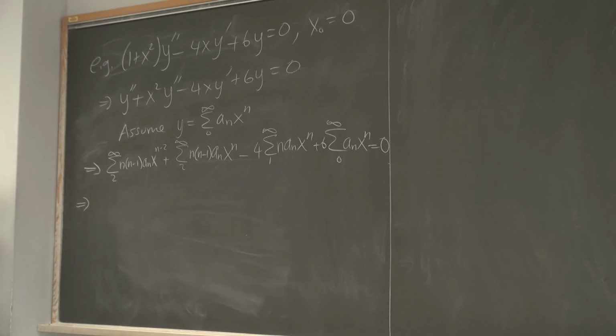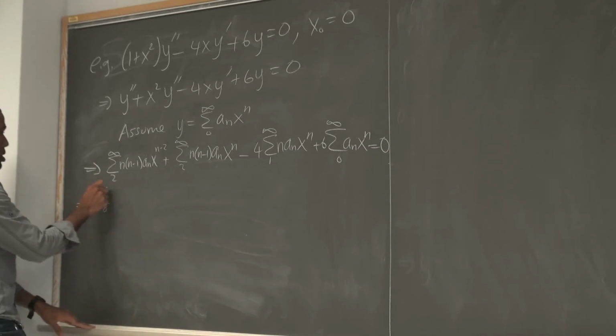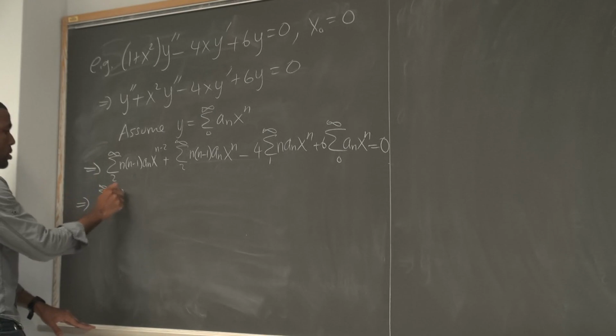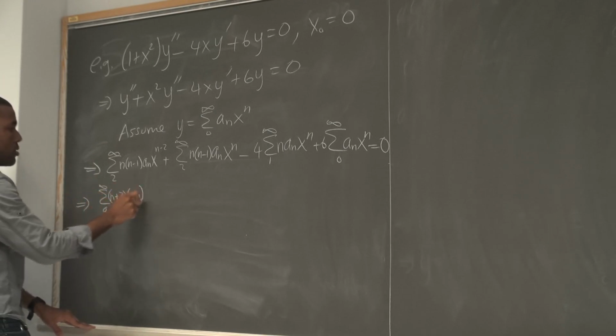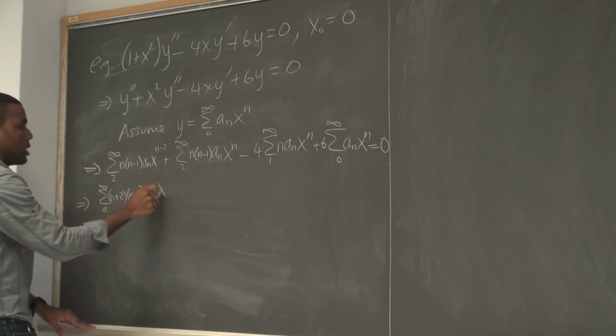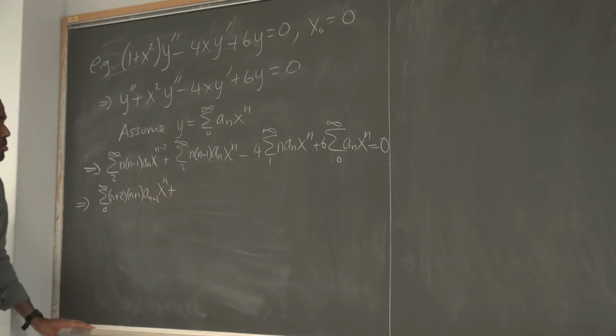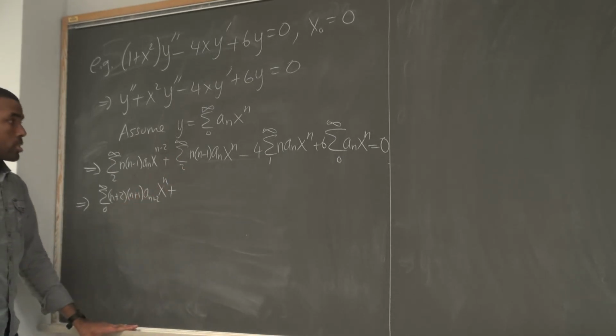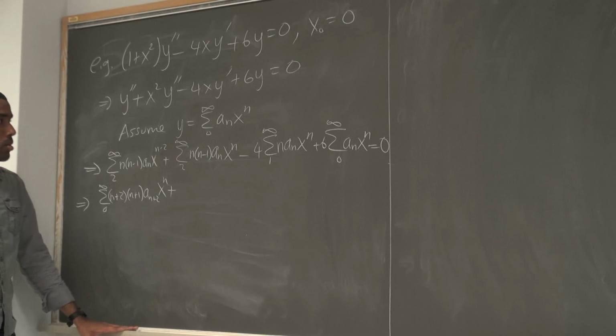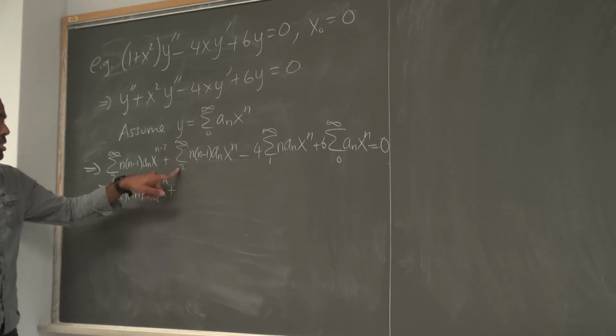Now what do we have to do? We have to fix the powers. So in this one I'm going to replace all n's with n plus 2's. This will give me, starting at 0, n plus 2, n plus 1, a n plus 2, x to the n. This is already starting at n. However, the index is 2.